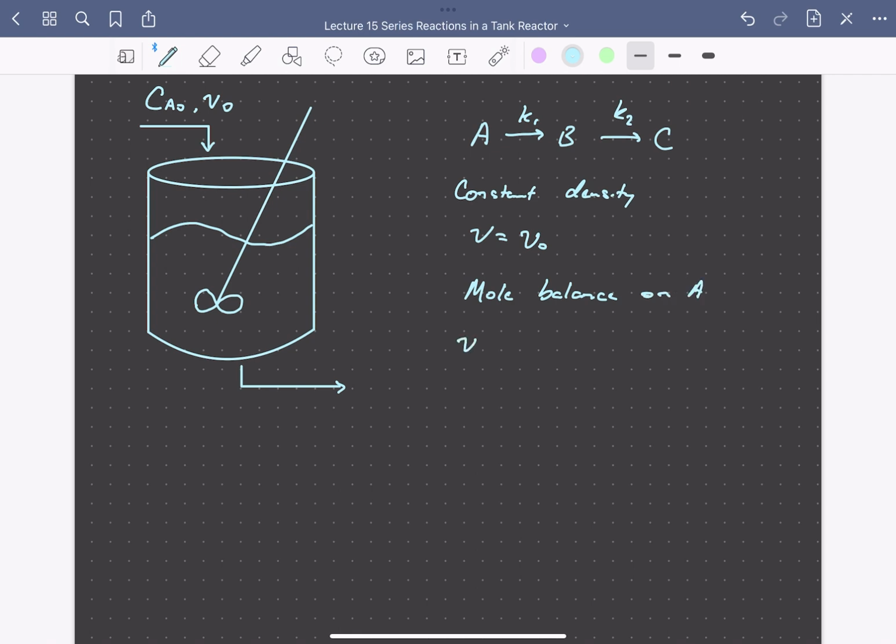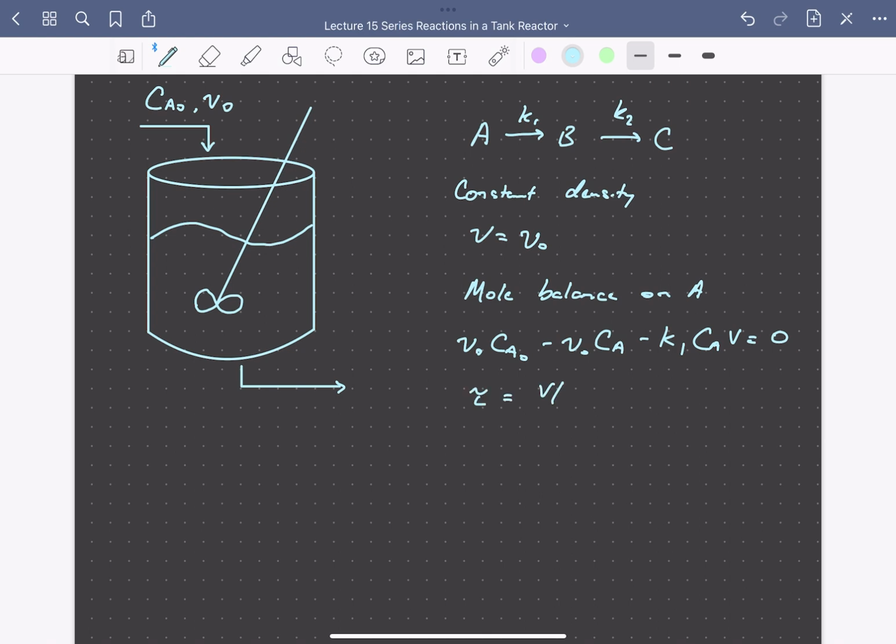So starting with the mole balance on A, we can write the molar flow rate of A entering the reactor, which I'll write as the volumetric flow rate times the concentration, minus the volumetric flow rate at the outlet, and again we have constant volumetric flow rate here, plus the rate of generation of A by reaction within the reactor volume, which is just minus K1 Ca times the reactor volume.